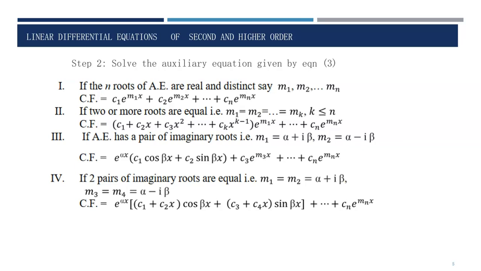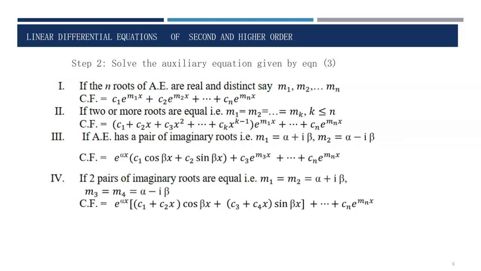Second case: if two or more roots are equal, say m1 equal to m2 equal to and so on mk, that is, for any repeated roots, we apply this case.